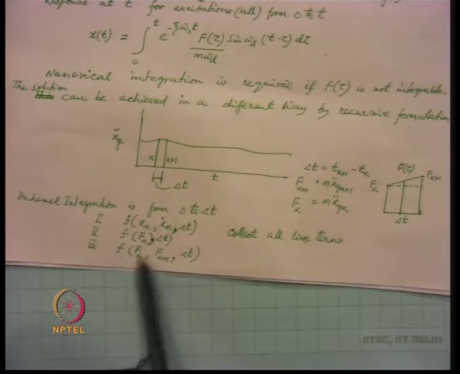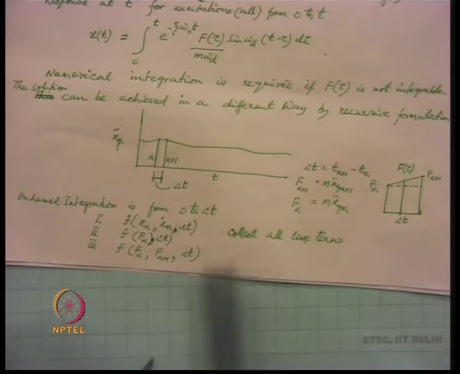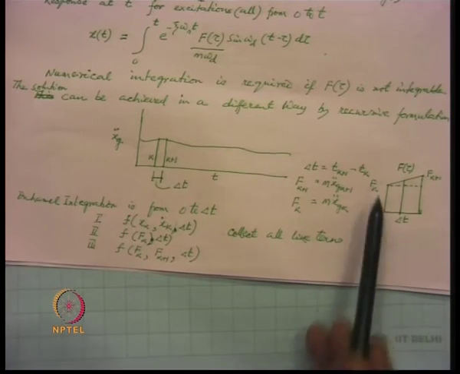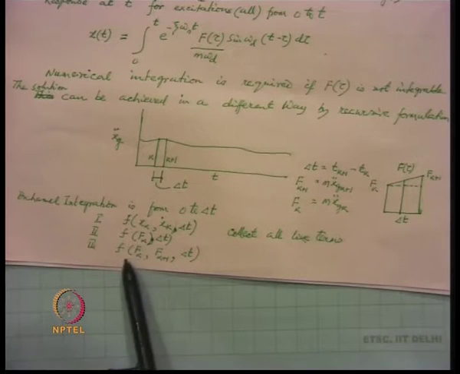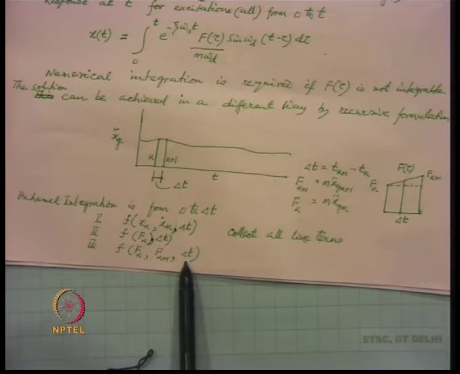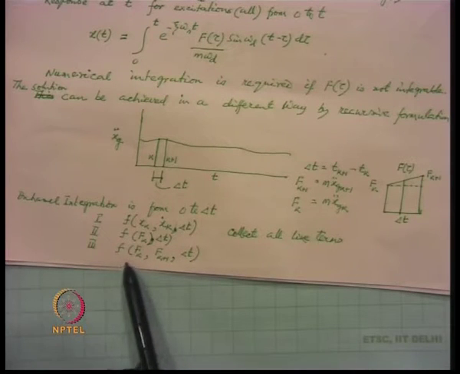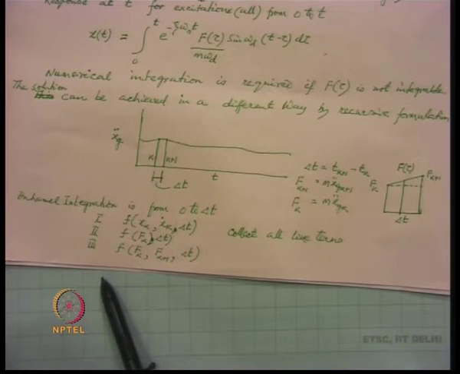Similarly, for this one the response can be obtained for a triangular kind of pulse, and this also can be obtained using the Duhamel integration because it can be obtained analytically. So, for all the three the analytical solutions are available.